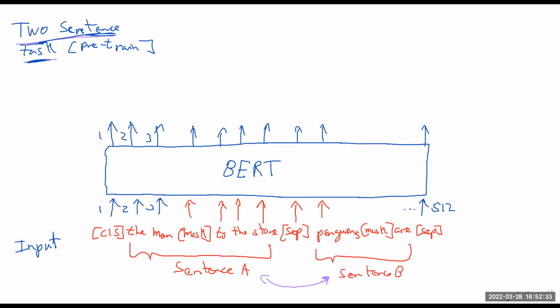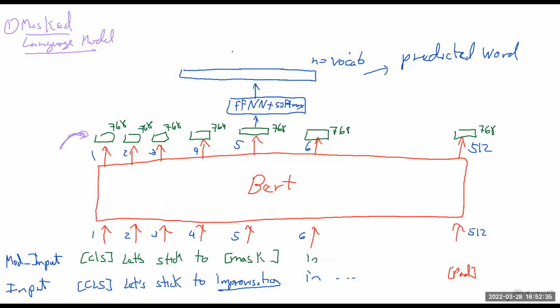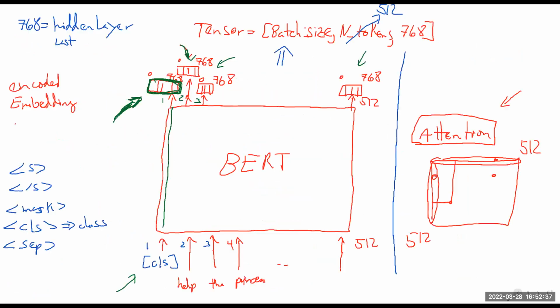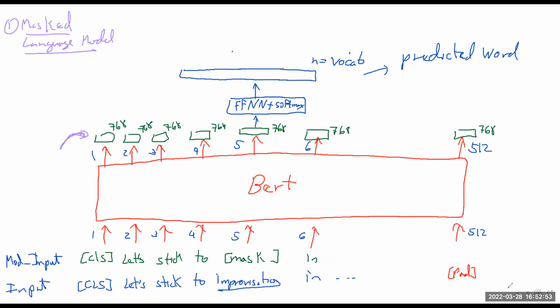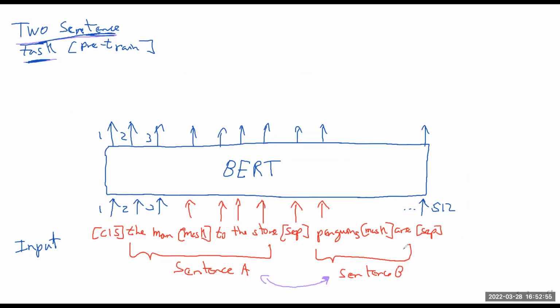If you remember, we have this thing called a CLS here, right? Because we have the CLS here, we can use that very nicely in this task. We don't even care about the embeddings of the words or the masks or anything, because our focus is this one.